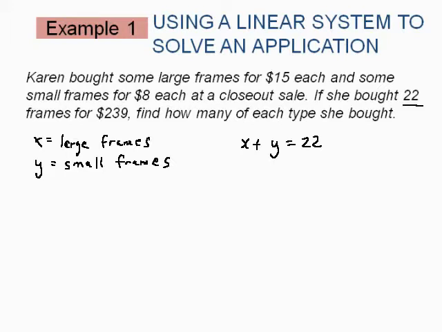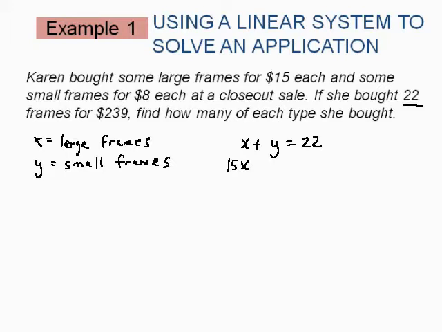All right. Now notice also they talk about money in this one. How much does a large frame cost? How much does a small frame cost? And then we've got a total amount of money here. So the second equation, I'm going to deal with money. And I think from this first one, you'll be able to set up the second one as well. So would y'all agree that the large frames being $15 would be 15 times X?